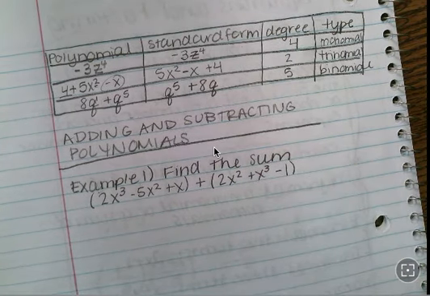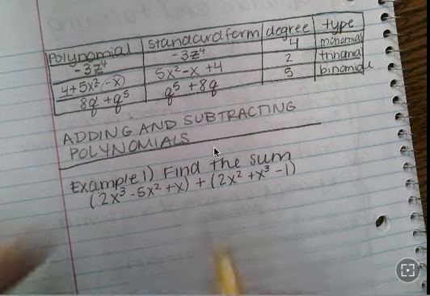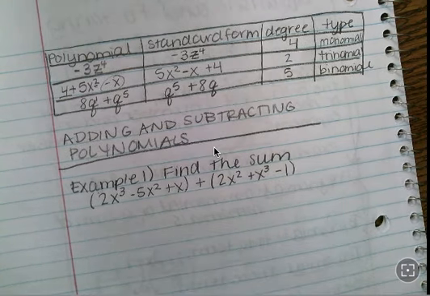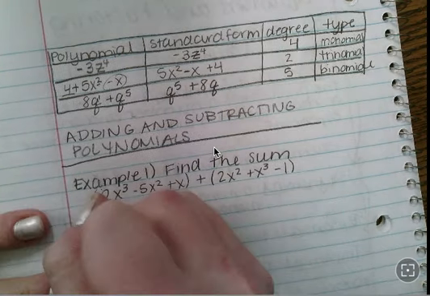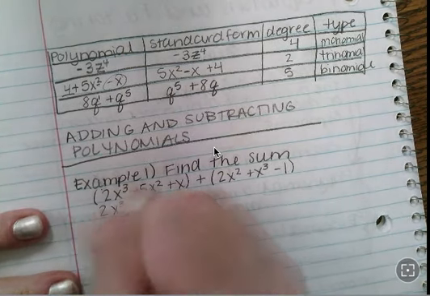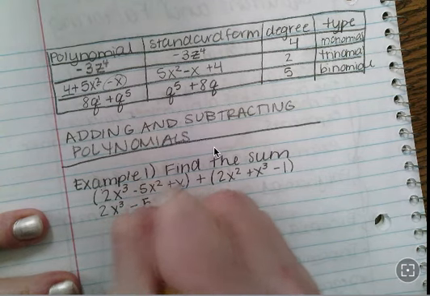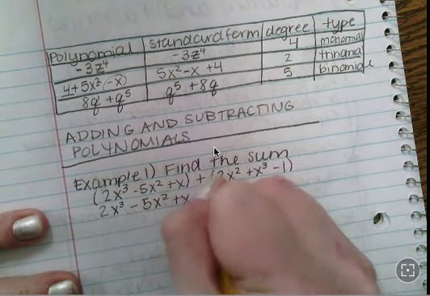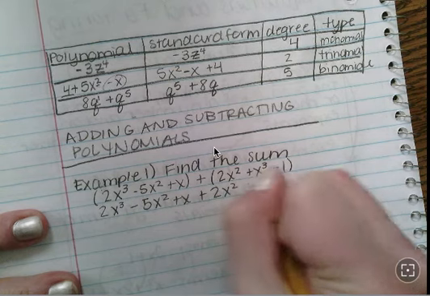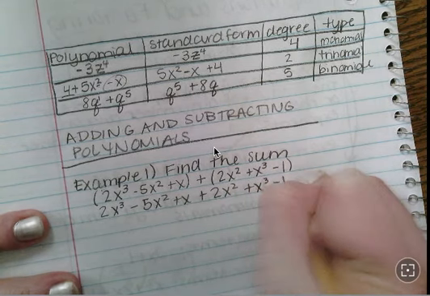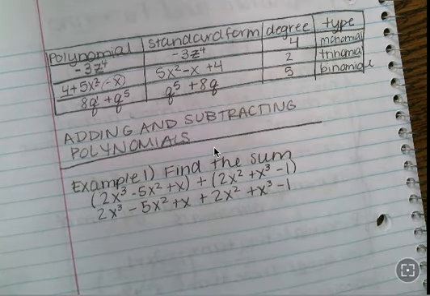That's what an example would look like. I'm hoping that you understand by now that when you've got all addition like this, those parentheses essentially don't matter. If we were to take them away, nothing would change. So we've got 2x cubed minus 5x squared plus x plus 2x squared plus x cubed minus 1. Now it's just this one big polynomial, which is fine.